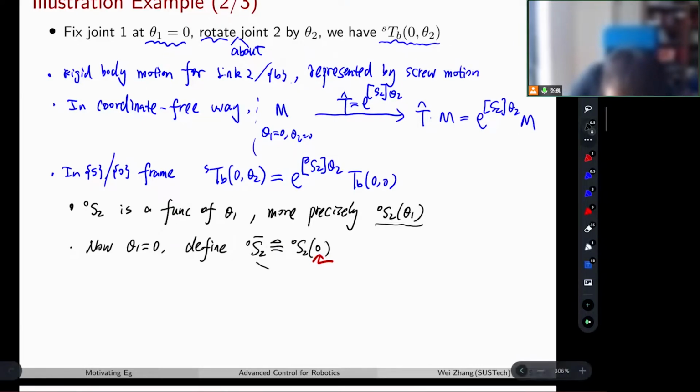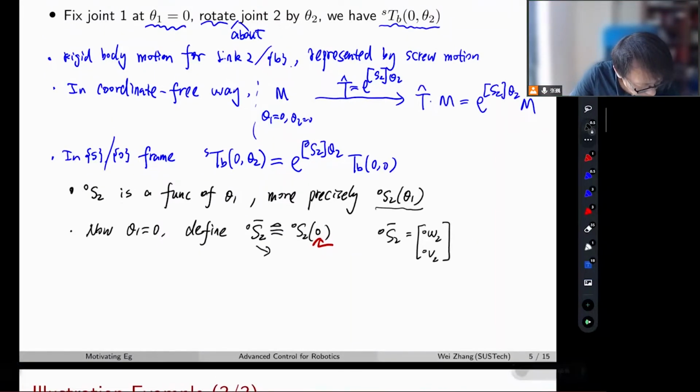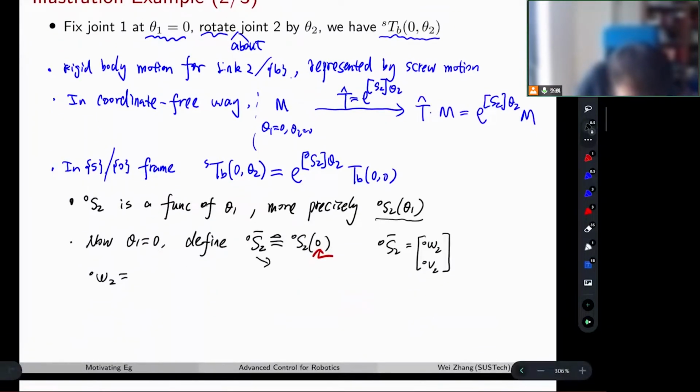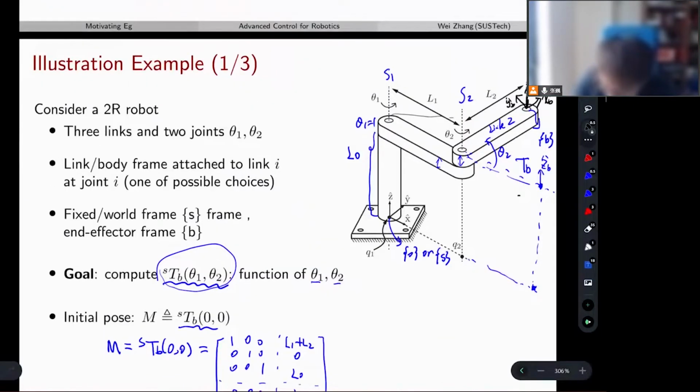So let's compute this. I hope we can compute it. S2 bar has two components. Let's call them omega 2 in 0 and v2 in 0. What is omega 2 in 0? Let's define omega as the rotation about the screw axis, where this direction is positive.